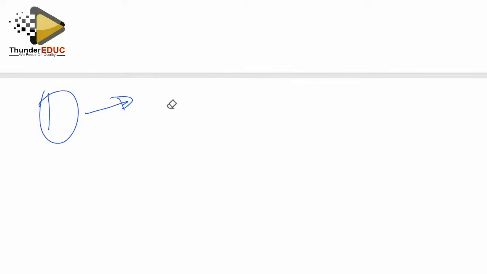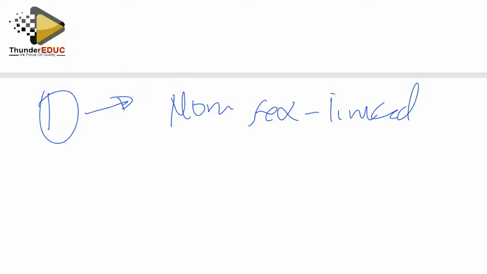Let me make it clear for you. The first pedigree is an autosomal character, meaning that it is carried on an autosome chromosome, meaning non-sex linked. I think now when I say it like that, it's clear.